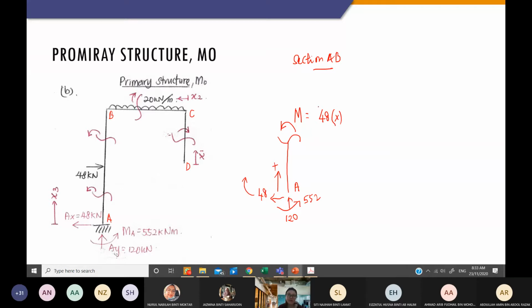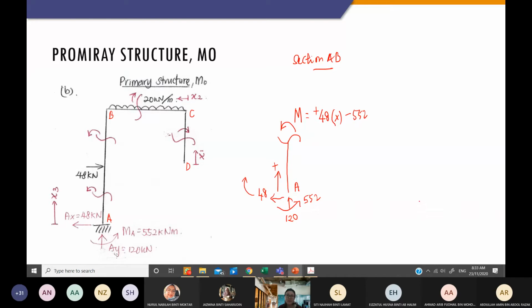Therefore, it is a positive sign. Then I have 552, which is acting in the same direction as my internal, and I get a negative sign. So this is how I obtain my bending moment for this cut section.